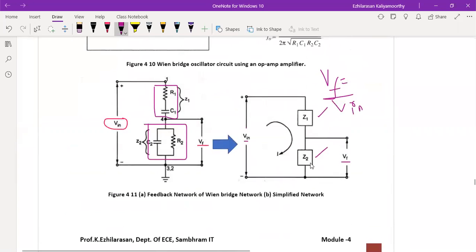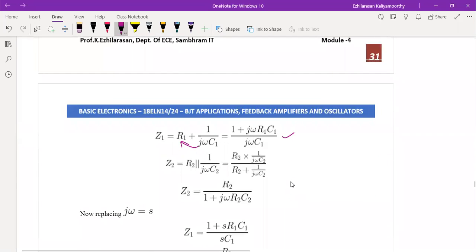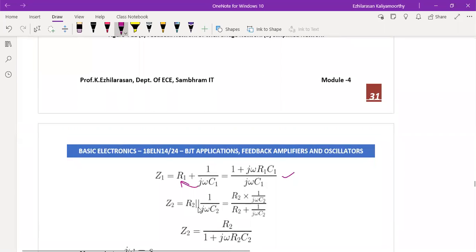Next Z2. Now take Z2 here, the R2 and C2 is parallel, right? So if two elements are parallel, how can we write? That is R2 C2 divided by R2 plus C2 actually. So it will be written like this: R2 parallel with 1 by j omega C2.